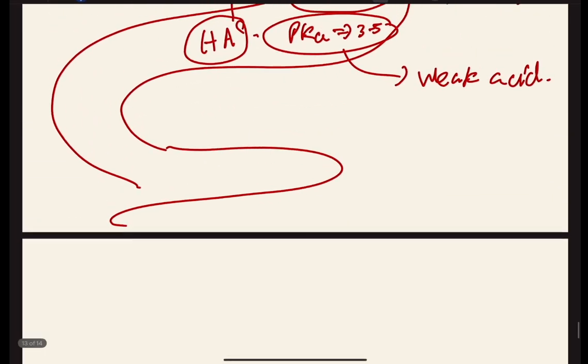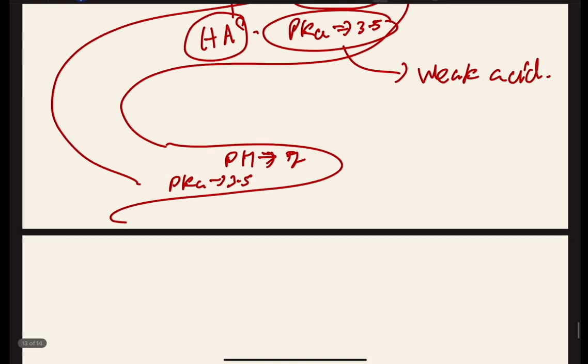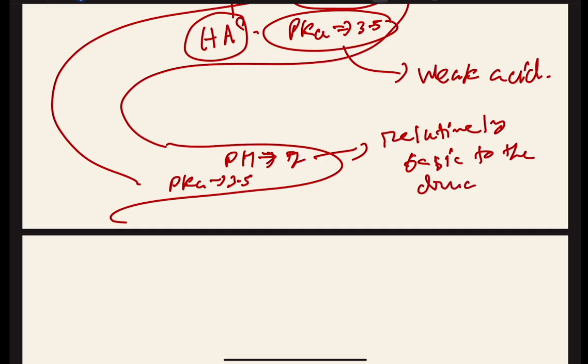In the small intestine, let's assume the pH is 7 and the pK of the drug is 3.5. In this case, the environment is relatively basic to the drug, because the pH is more than the pK.